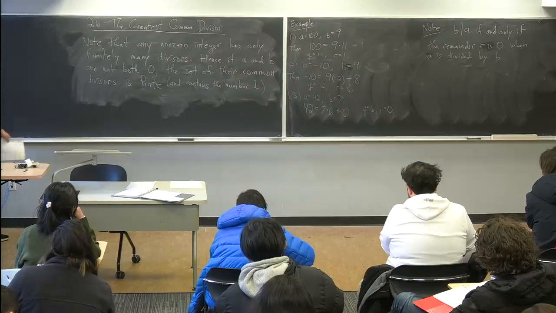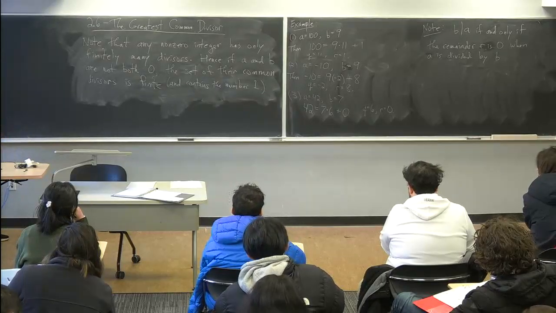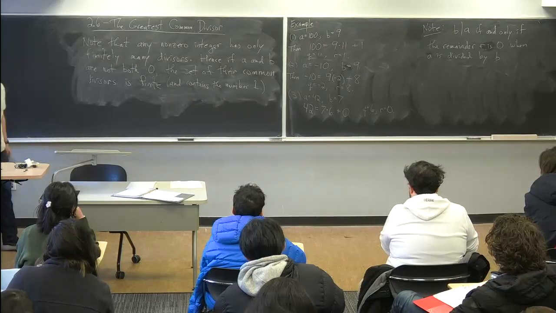Each one has finitely many divisors, so they can't somehow have infinitely many divisors in common. That wouldn't make any sense.